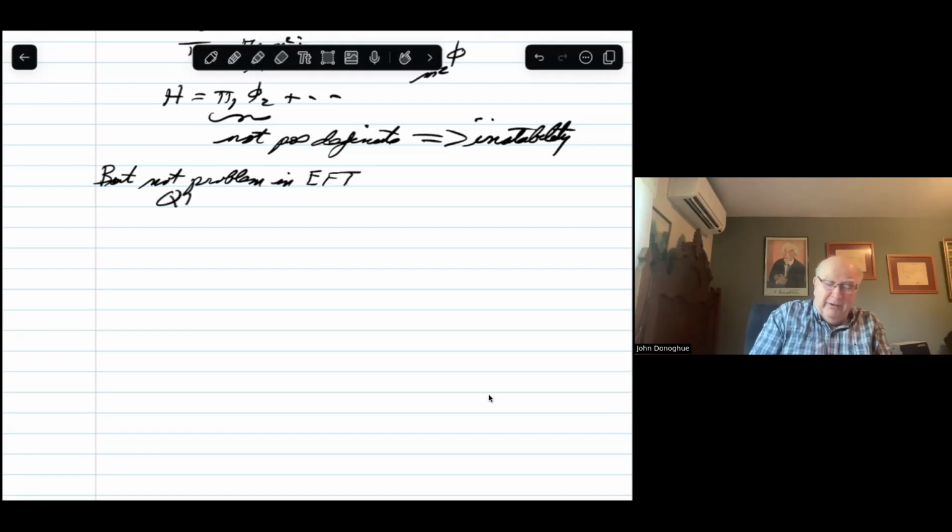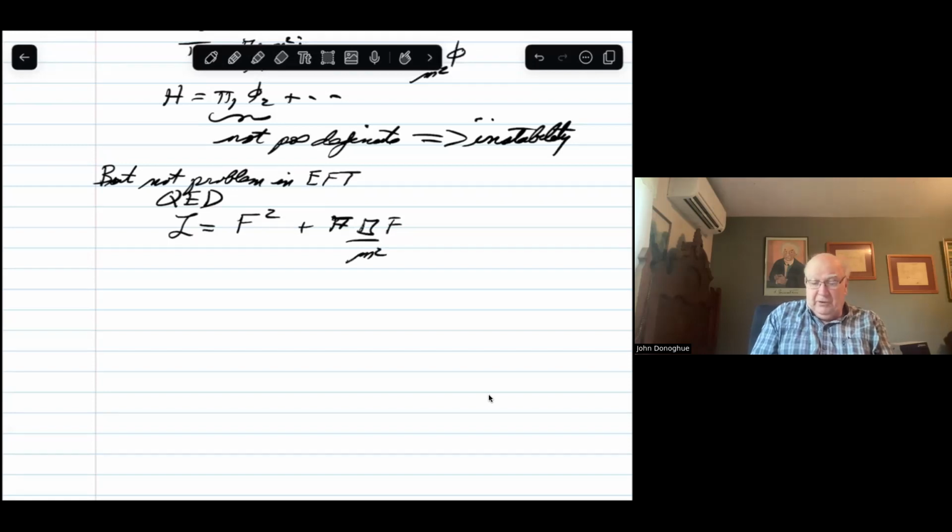But remember QED, we already saw this. We know experimentally there's no instability in QED, but QED at low energies has the usual piece, and then there's a F box F over M squared term. This guy is the small correction, so it doesn't cause any instability at low energies. And so there's no instability experimentally when treated as perturbation.